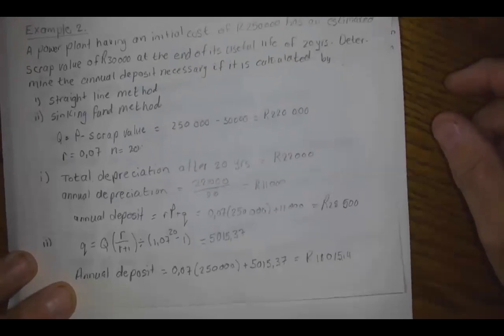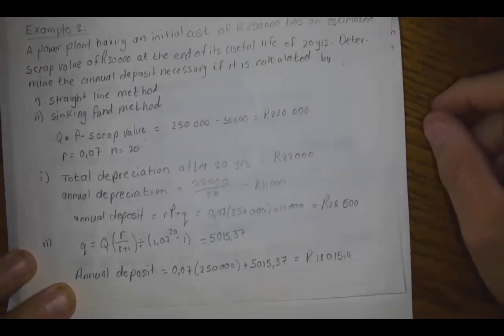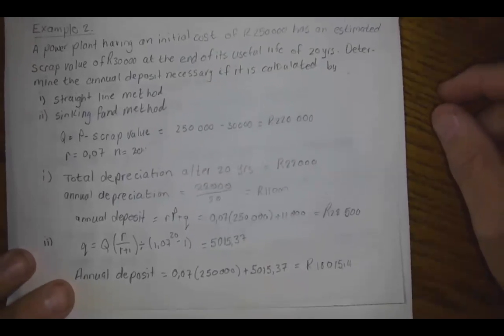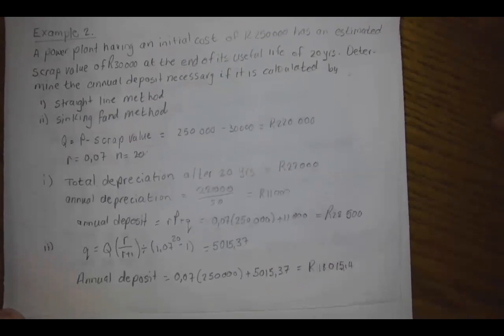So the annual deposit will be 0.07, which is R, times P, which is 250,000, plus 5,015, that gives us 18,015 Rand annually. So if we deposit that, we will be able to buy new equipment at the end of 20 years.